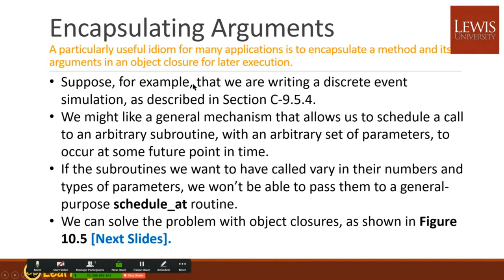For example, if we are writing a discrete event simulation, we might like a general mechanism that allows us to schedule a call to an arbitrary subroutine with an arbitrary set of parameters to occur at some future point in time. If the subroutines we want to call vary in their number and type of parameters, we won't be able to pass them to a general purpose schedule at routine.